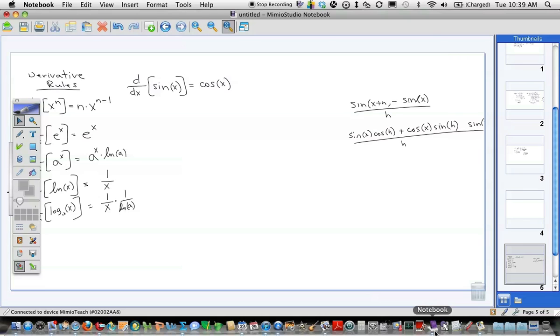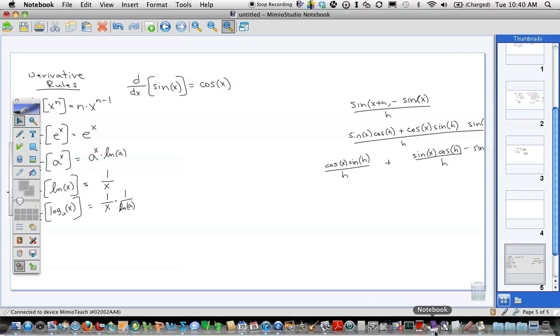all over h. Okay? Now what I can do is I can rearrange the order here. So I can group these two together and separate it with this one. So I can separate this into 2 different functions. I can do cosine x sine h over h plus sine x cosine h minus sine x all over h.